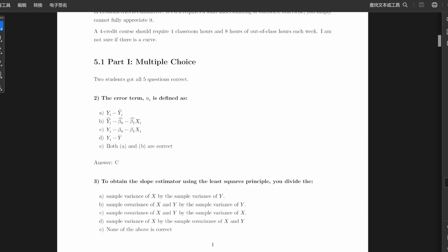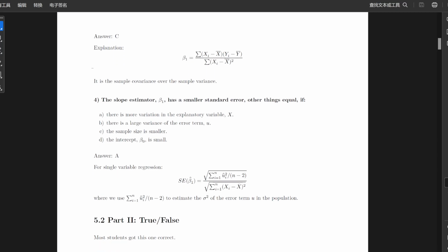And number 3 is to obtain the slope estimator using the least squares principle. So I think this is OLS, right? It should be C, right? You divide the sample covariance of X and Y by the sample variance of X. If you cannot derive at least a single variable regression case, you should try to remember this, because least squares is something you should at least remember or know how to derive.